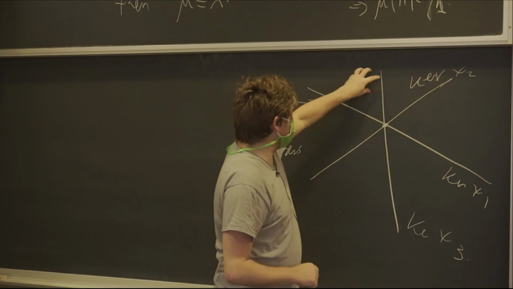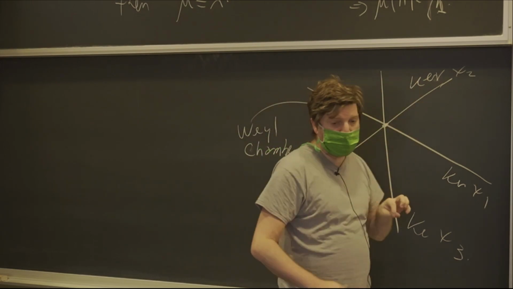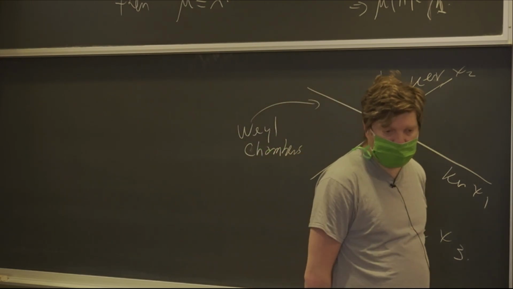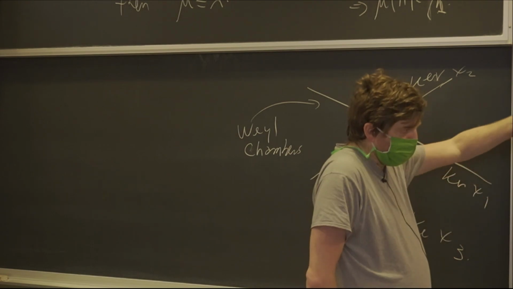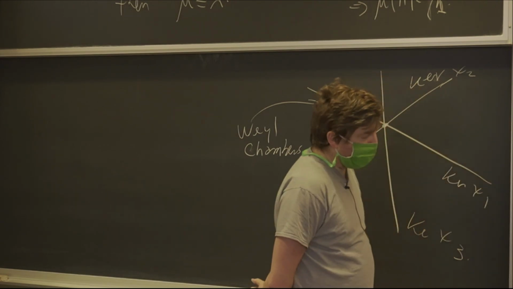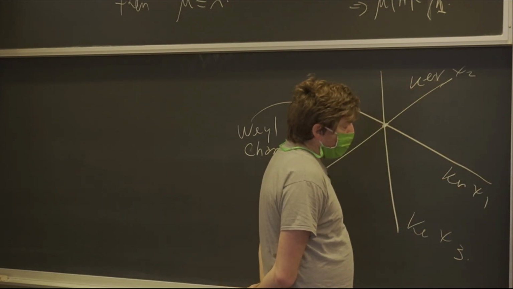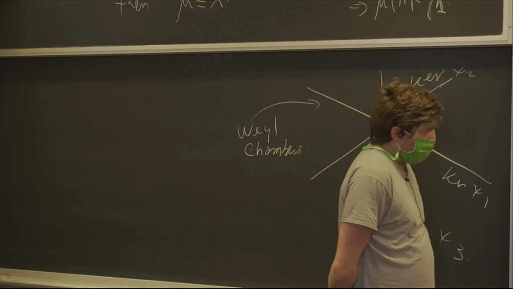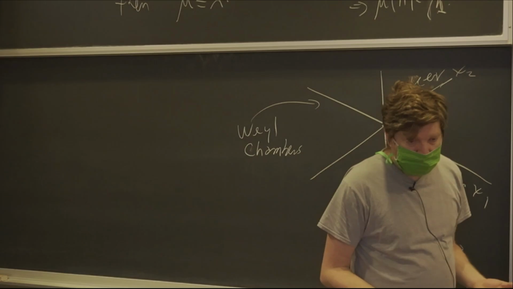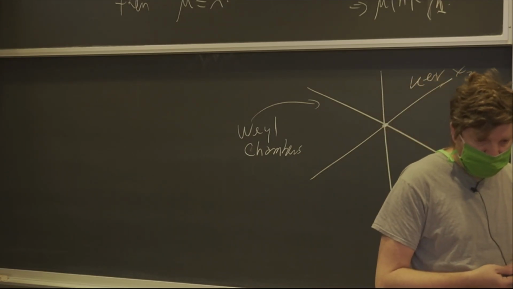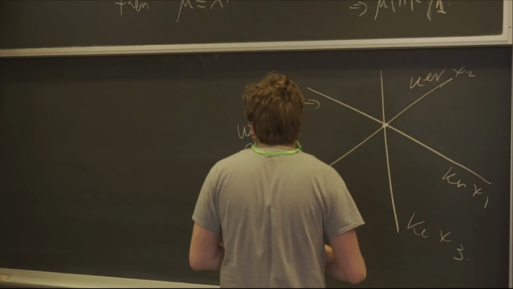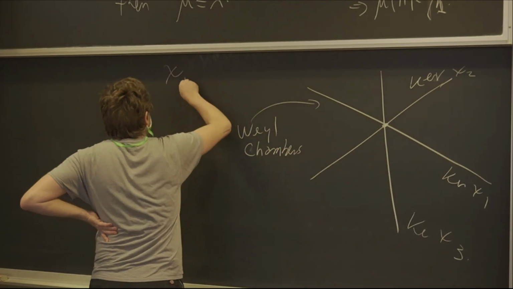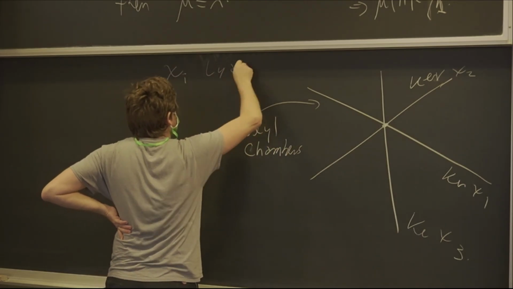So each of these chambers is called a Weyl chamber. You have the same thing in higher dimensions. Simply you will have more chi i's, and these are the Weyl chambers. And we call the chi i's the Lyapunov exponents of our dynamics. Okay, so the chi I are Lyapunov exponents.